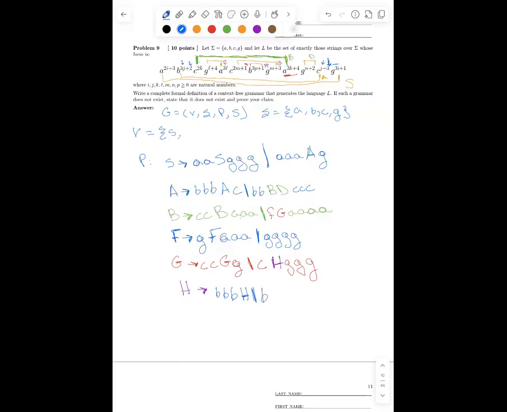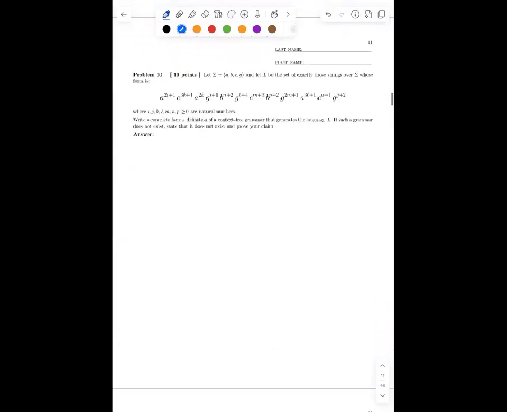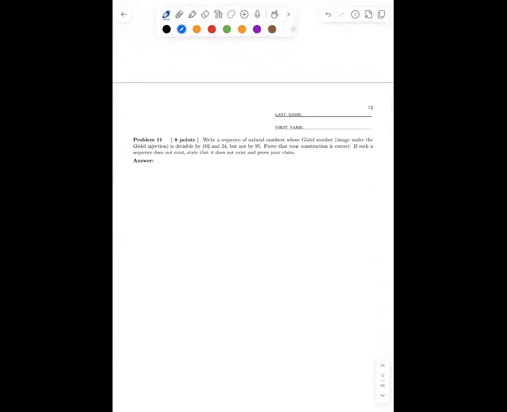Don't forget to go back here and just write the letters you use, A, B, F, G, and H. And I'm basically done with that part. So try going from the outside inside, and that's how you should read it. And then I can move on with a different example.